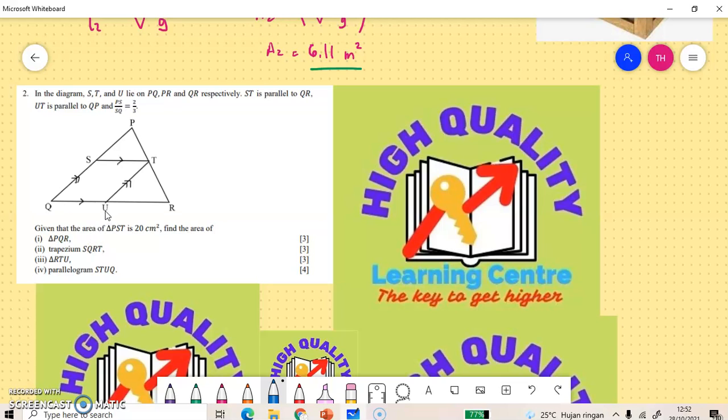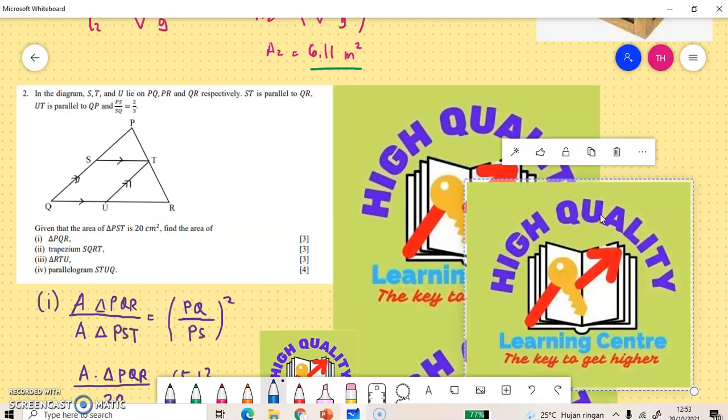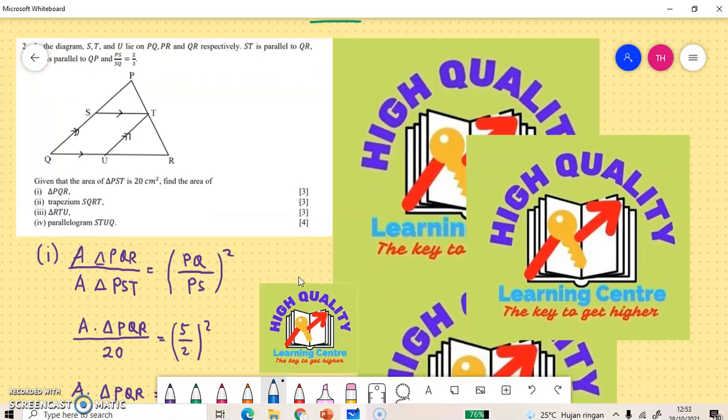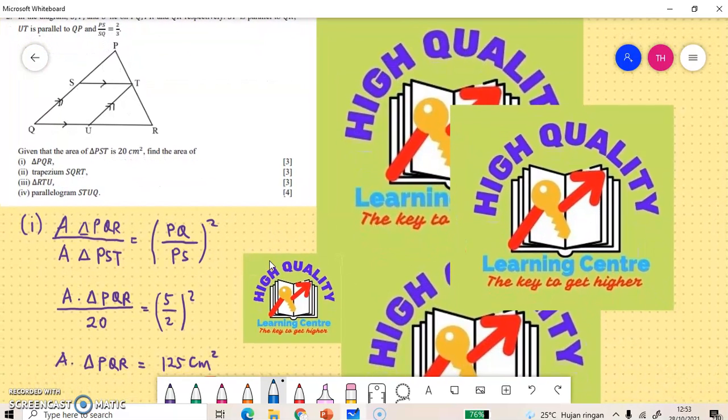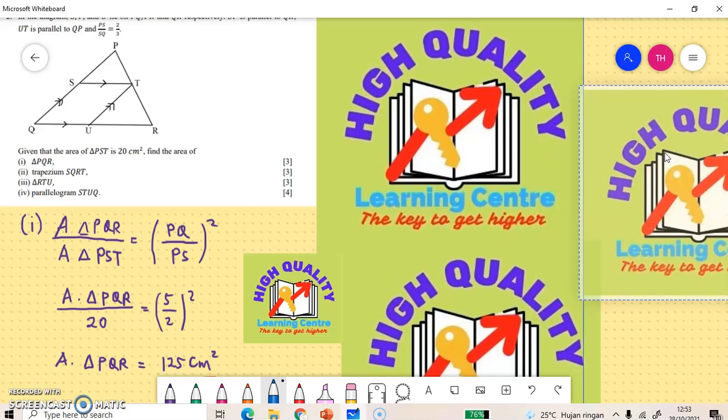As we can see, PQ is parallel to UT, and the angle PRQ equals TRU, so the triangles are similar. Now we can find the area of PQR.